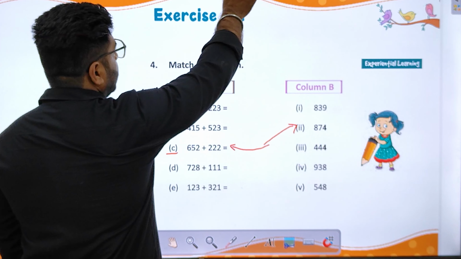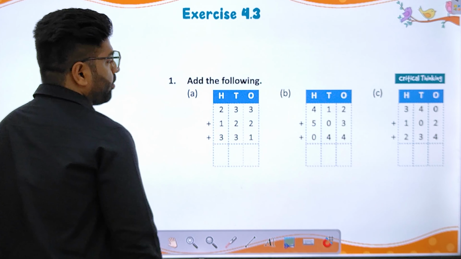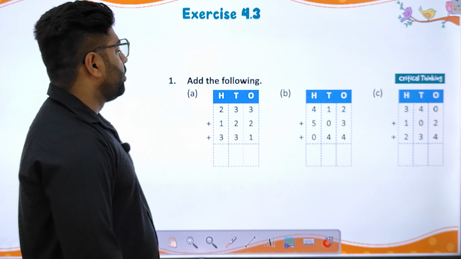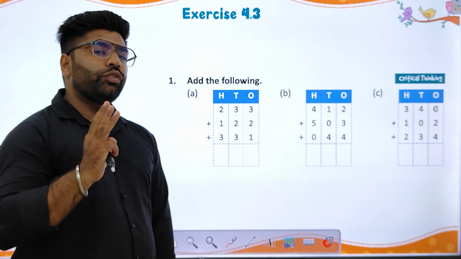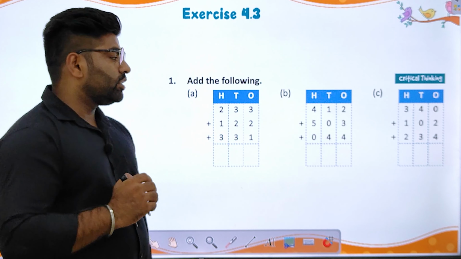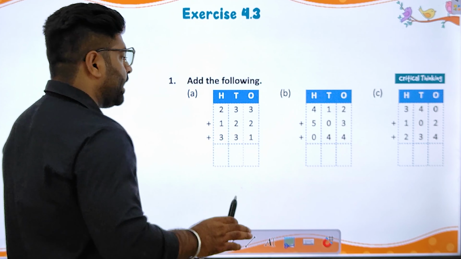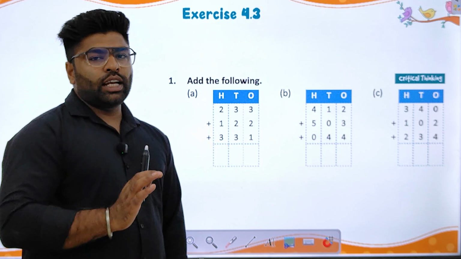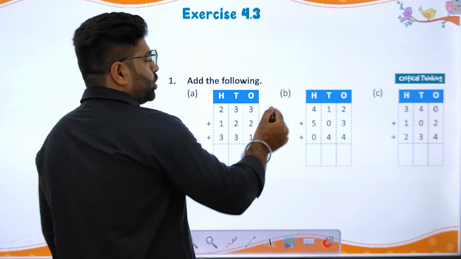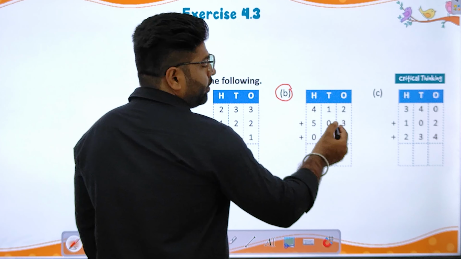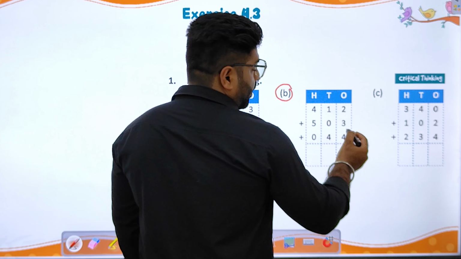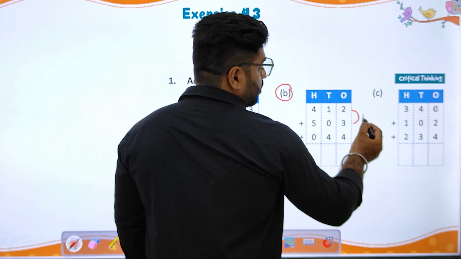Okay, now we are having next exercise, that is 4.3. Here we are having question number 1, add the following, and here we are having 3 numbers of 3 digits. Clear? So we have to simply add them one by one and write the answer. See, come to question number 1, B part. Here we are having 2 plus 3, that is 5.